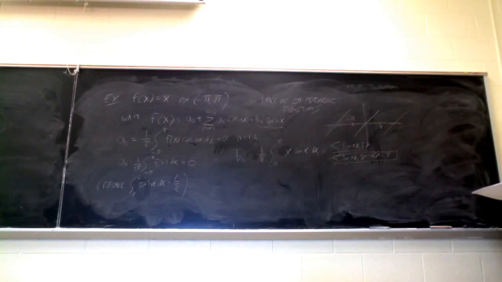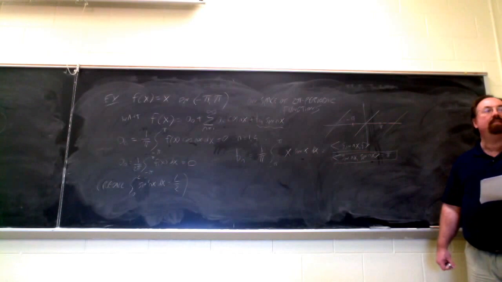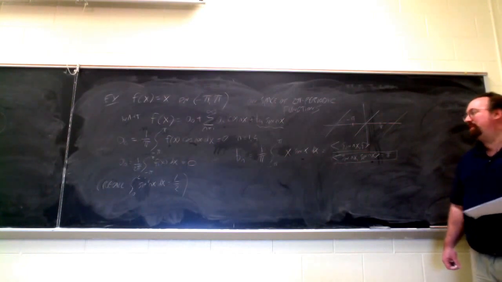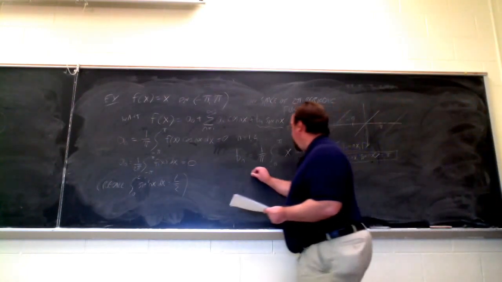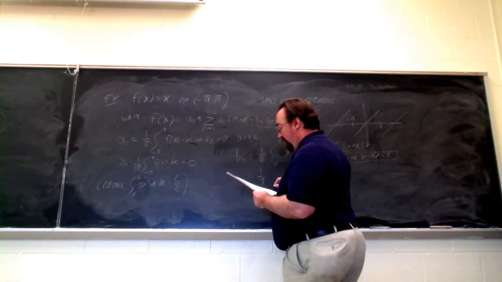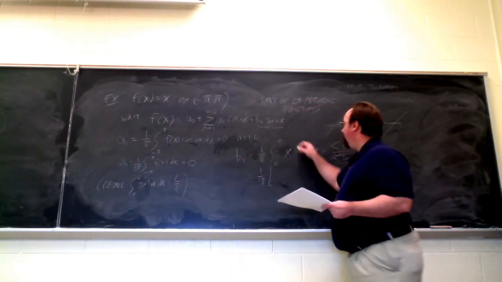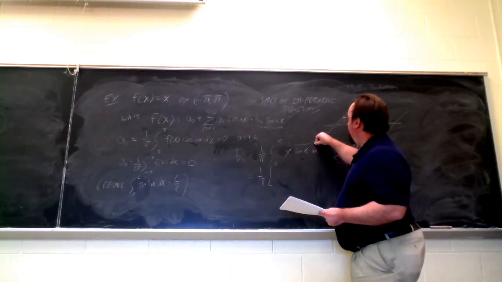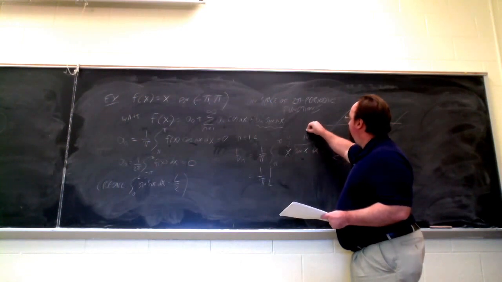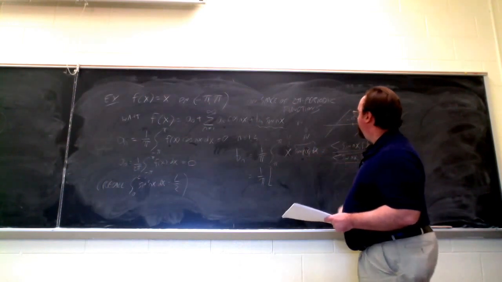Okay. Now, this integral has to be worked out using what? Parts. Integration by parts. So what you get is 1 over pi, and we get, so this is your u, and this is your dv. So your v is going to be, whoops, this is sine nx, not sine x. Sorry about that.